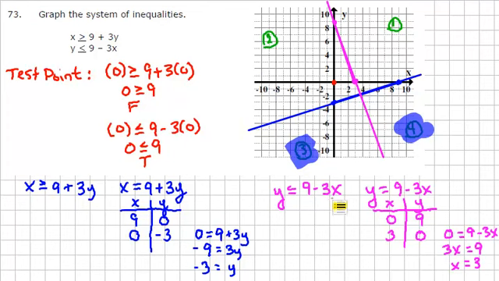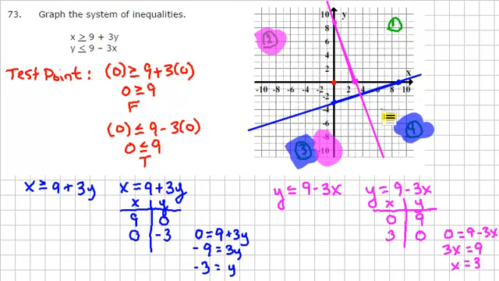And now let's take a look at the inequality y is less than or equal to 9 minus 3x. The point 0, 0 does satisfy that inequality, so we want the half plane that includes the point 0, 0. So we look at our purple line, and the half plane that includes 0, 0 is the half plane below, which includes region 2 and region 3.